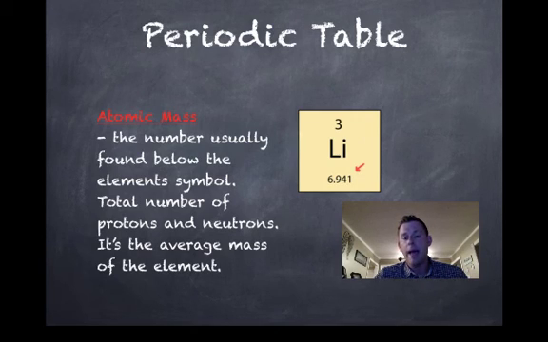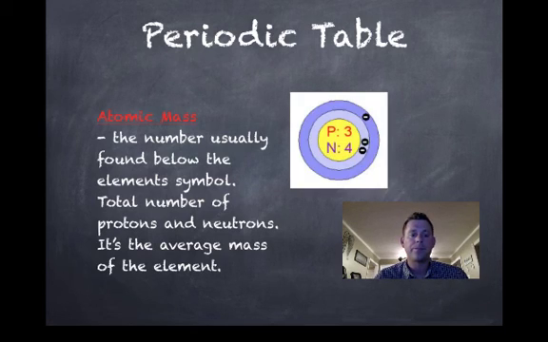So that is the mass of the protons and the neutrons. If you're ever confused about which one is the atomic number or atomic mass, the atomic mass is the bigger number, and it's going to usually have some decimals. Like here, 6.941 is a decimal, and it's also bigger than 3.